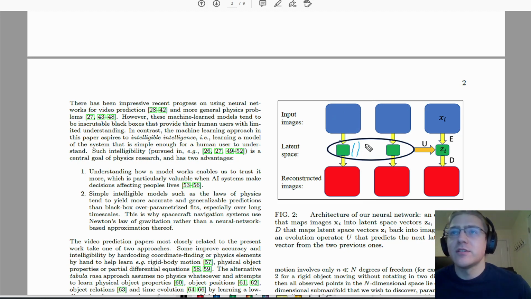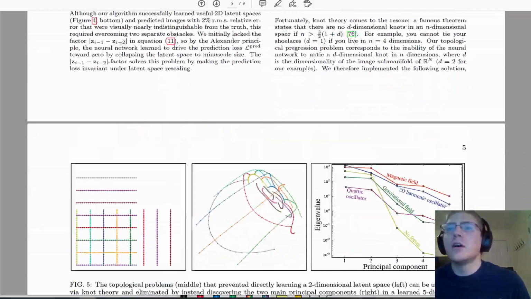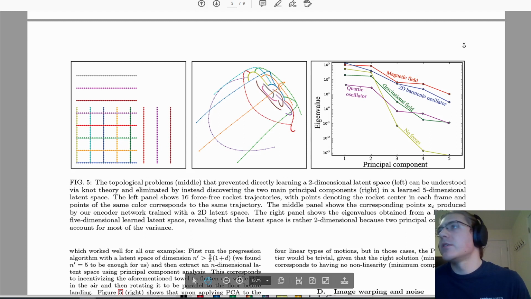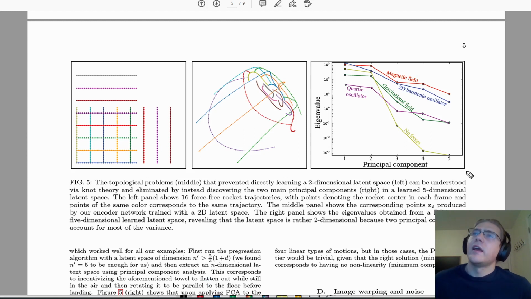They do some initial training with this latent space at 5 dimensions, and then they run PCA, principal component analysis, on that, which is this here. So now they have 5 dimensions instead of 2, and they know that there are really only 2 dimensions that they're interested in.